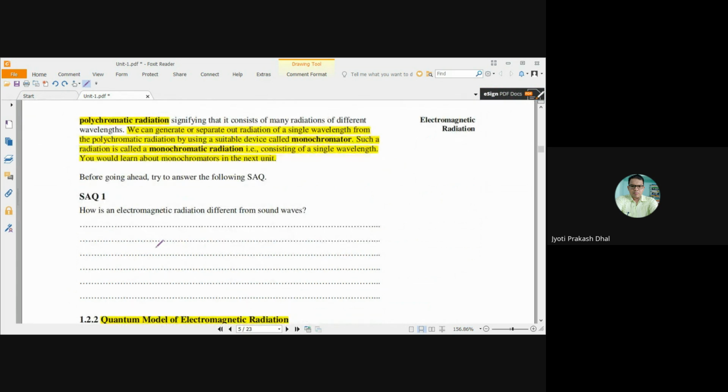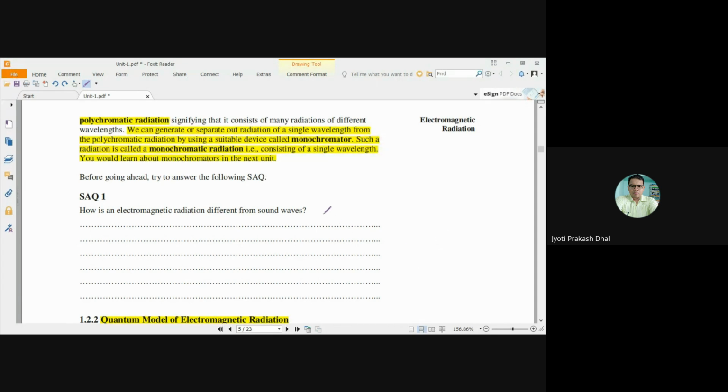Now coming to polychromatic radiation. Polychromatic radiation means radiation which contains electromagnetic radiation of different wavelengths.